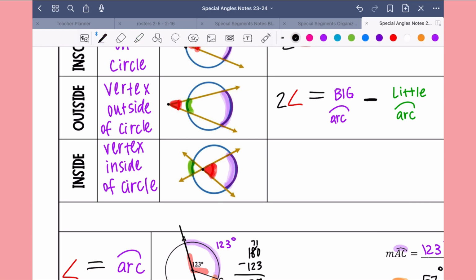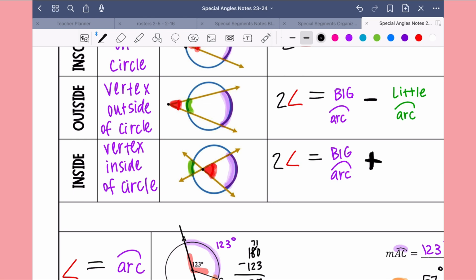So this equation is going to be 2 times your angle equals the big arc. But this time it's not minus. This time it'll be plus.